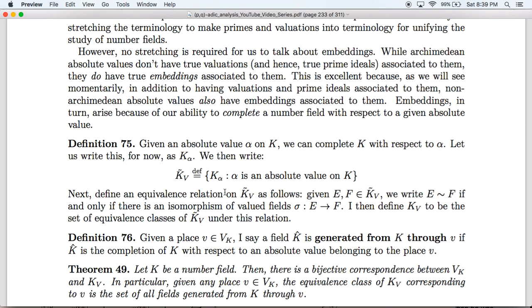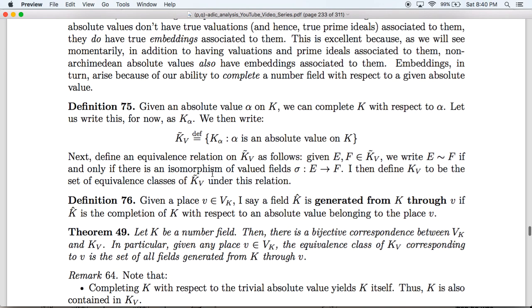We can also, if we want to get really crazy, write K iota to mean the completion of K with respect to the absolute value induced by a given embedding, iota. So embeddings, absolute values, valuations, and primes are all freely interchanged.